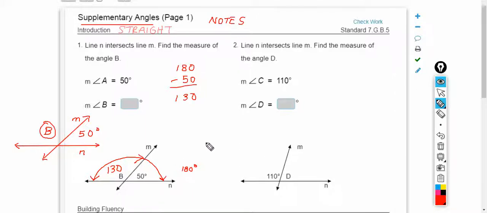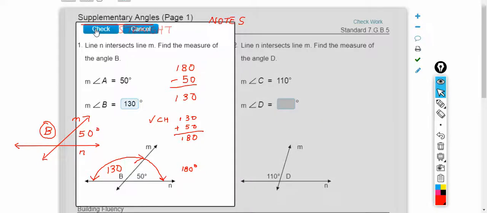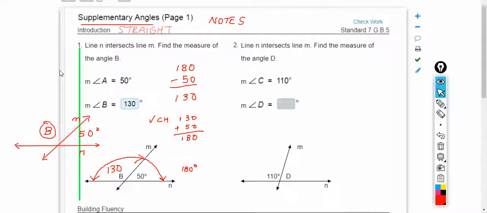And then we could check it, because the check is when we add 130 plus 50, that totals back to 180. So that makes sense. So the first answer is 130 degrees. Of course, pause and rewind as necessary.